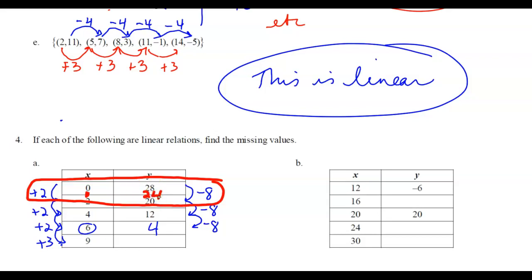So that means the rate of change, I'm just going to abbreviate it to ROC, equals -4. For every increase of 1 in x, we go down 4 in y. So now, if we're increasing by 3, 3 times -4 is -12. So that means we're going to go down 12, which gets us to -8.